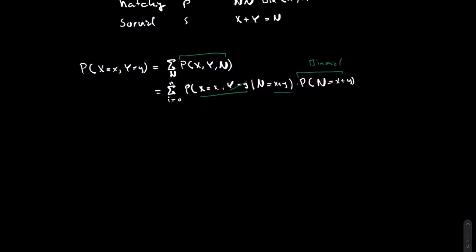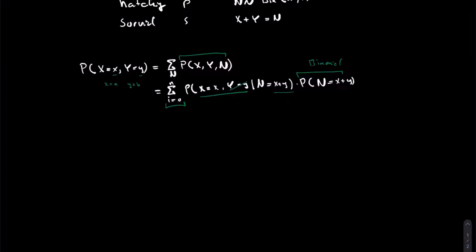Now, there's another subtle but important thing. I've written out this whole sum here, but actually this joint of x and y is choosing a fixed number. So little x is a, and y is, say, b.